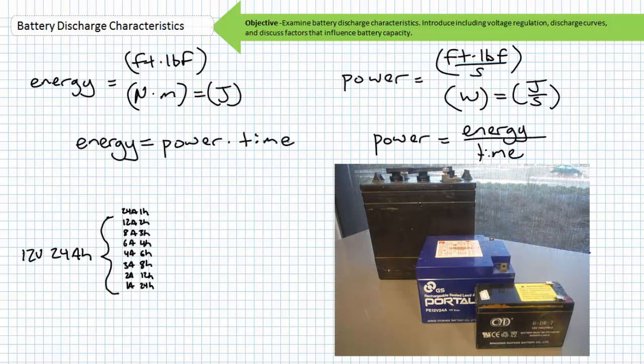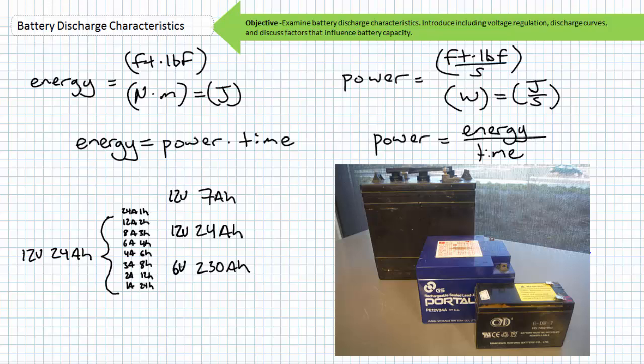Capacity is largely determined by the type and amount of active material. All other considerations being equal, physically larger batteries have larger capacity. Consider 3 batteries with the following nominal capacities: 7 amp hours, 24 amp hours, and 230 amp hours.